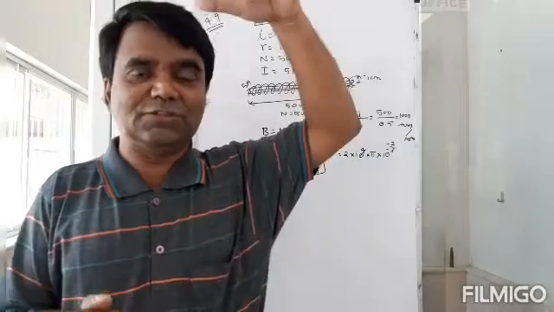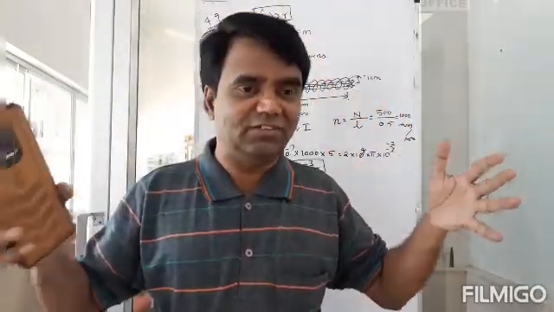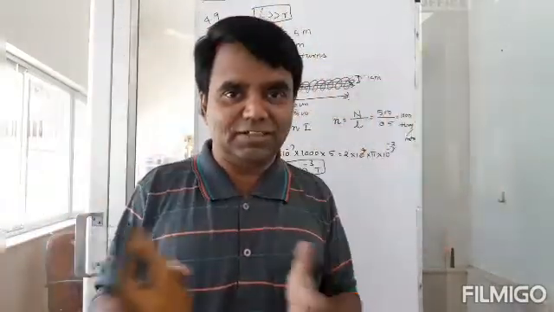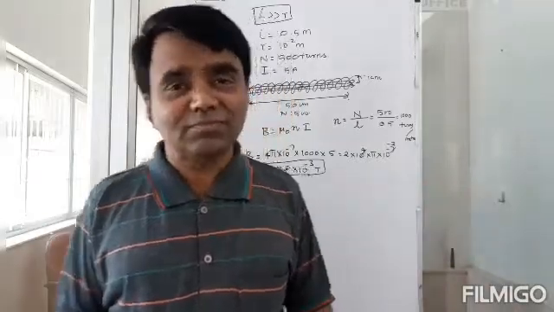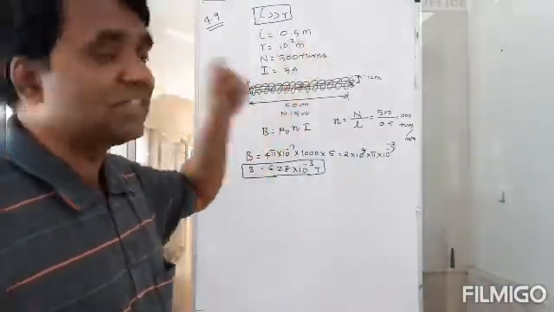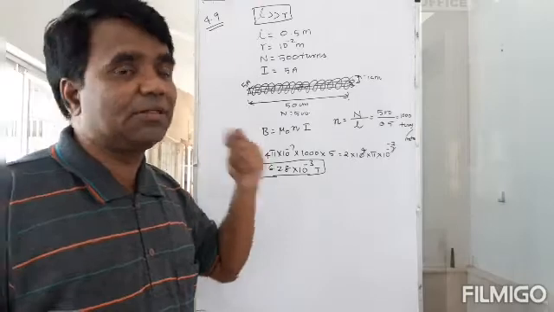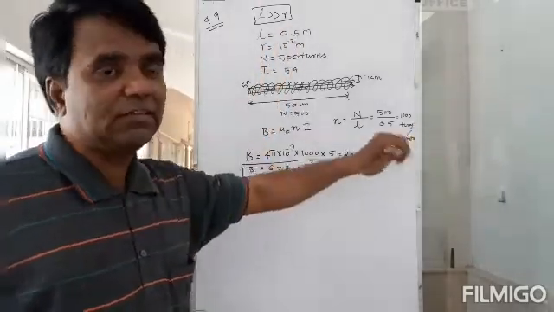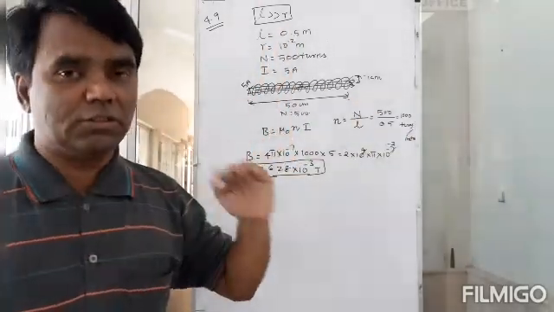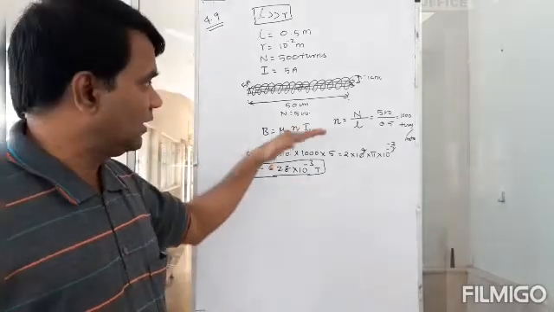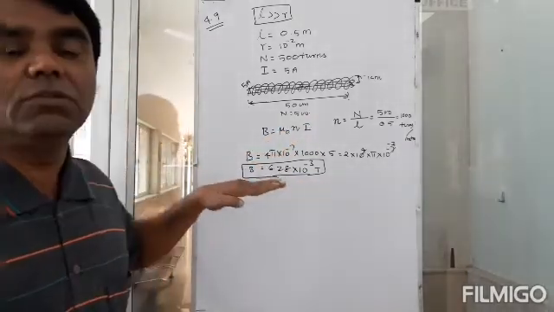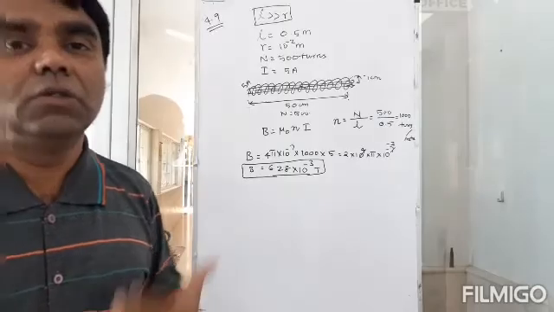The radius will be much bigger, 30 and then 50. So you can't use it. Since the radius is small, negligible compared to the length, you can use the long solenoid formula, and using the formula you find this value. Hope this is clear to you.